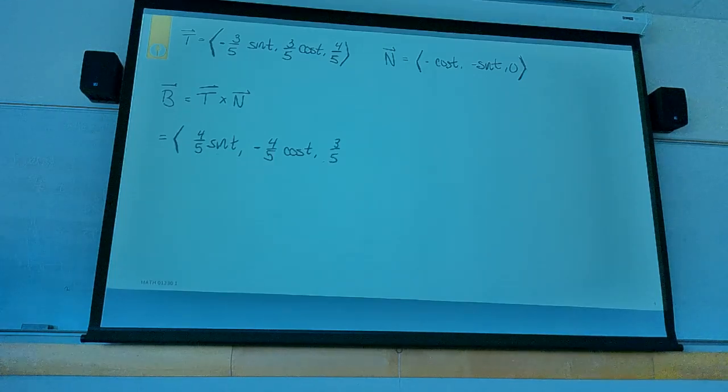Now we get 3/5 sine squared minus negative 3/5 cosine squared. Oh, that one was nice.